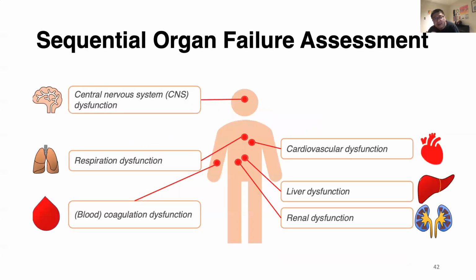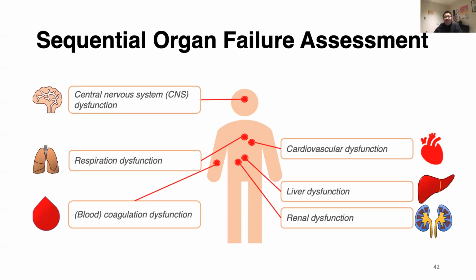In order to characterize the patients, we use something called the Sequential Organ Failure Assessment score. It is a score characterizing the organ failure status of the patient, a lot of the time in the critical care setting.